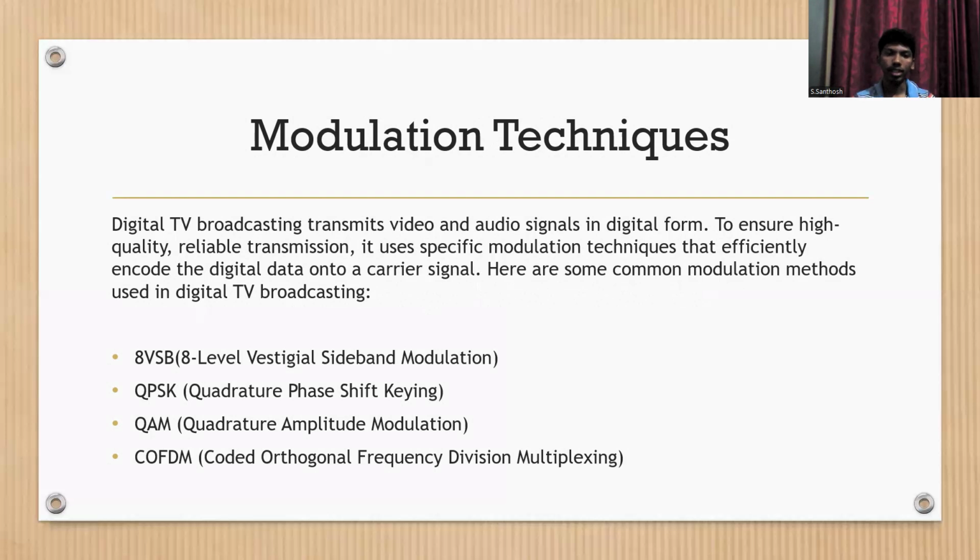We use various techniques such as the ones referred to over here: 8VSB, QPSK, QAM, and COFDM. These are a few reliable transmission methods which give us high quality video and audio displays. They use a specific modulation technique that efficiently encodes the digital data onto a carrier signal. So let's see what all these techniques are in a briefer way.